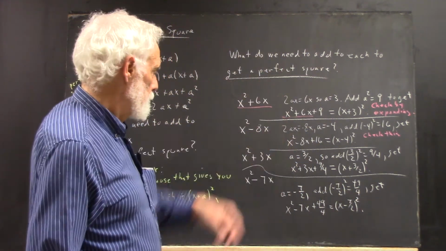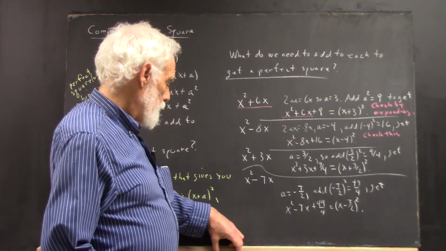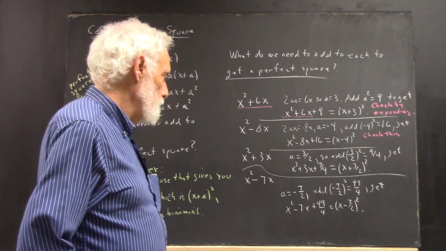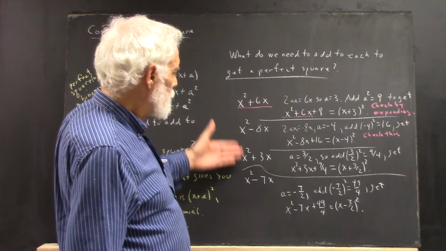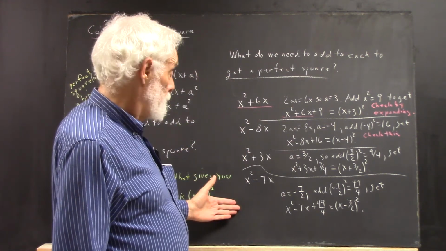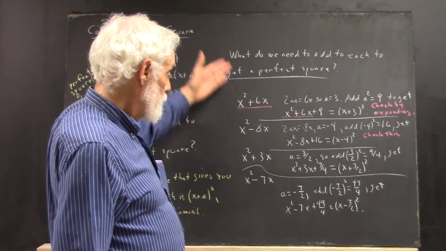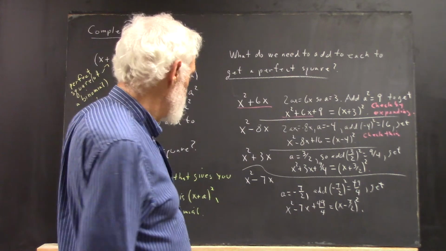And we check it. Now, completing the square can get a little more complicated than this, but not much. If you understand this much, well, that's good for today. Then follow up with the rest of it.